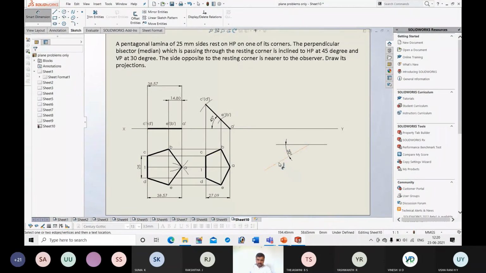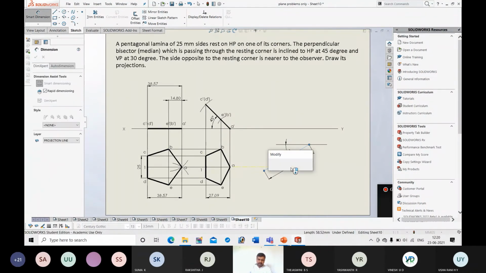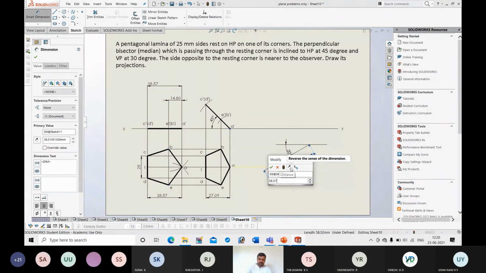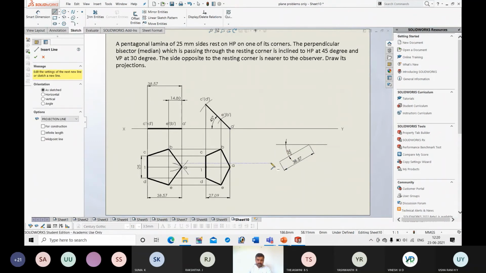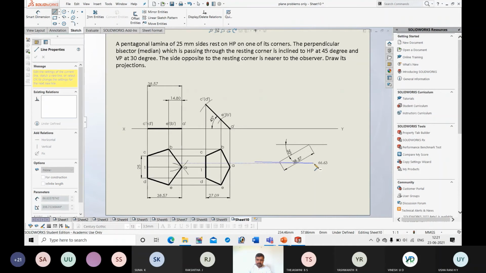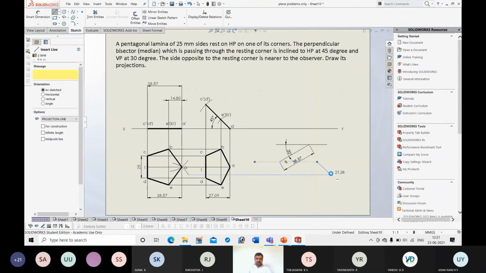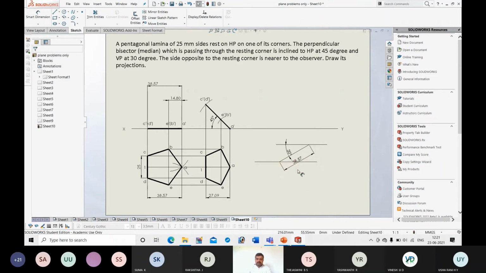Next, this length should be equal to the true length. After this, draw the locus. After drawing that, I will delete this dimension.